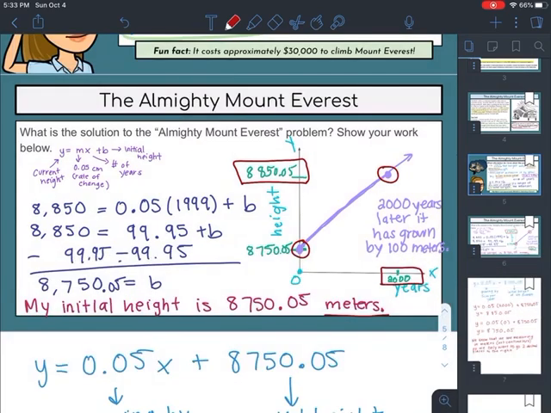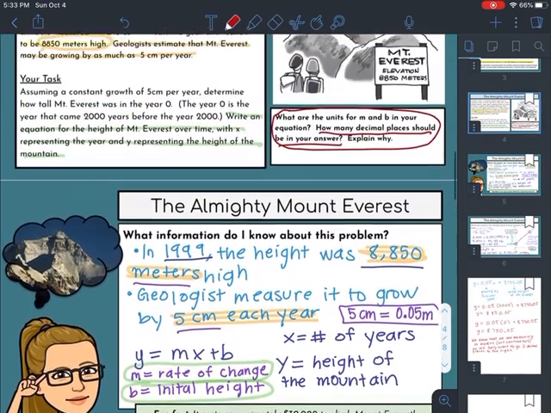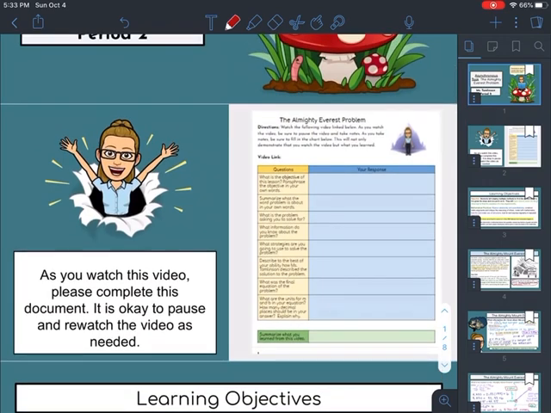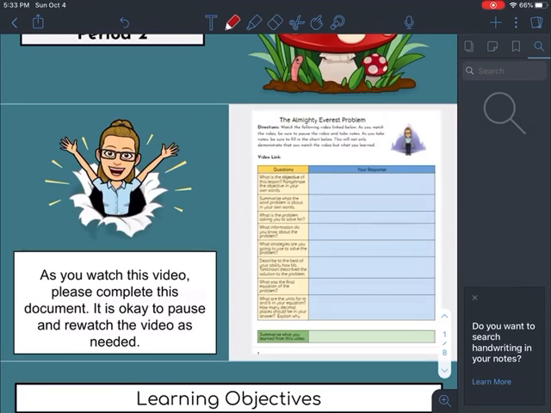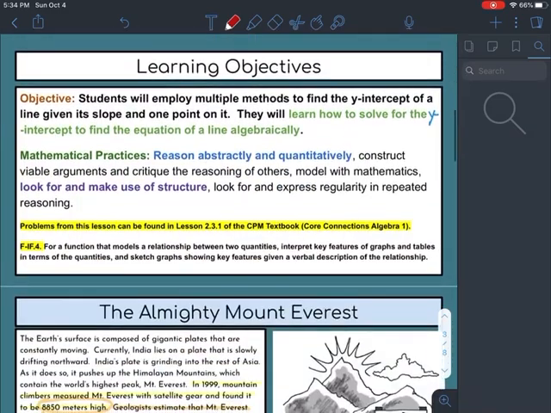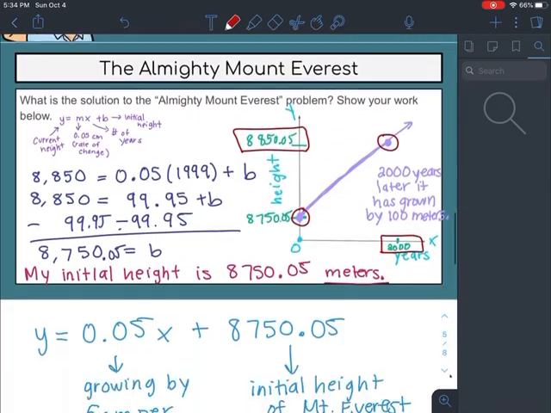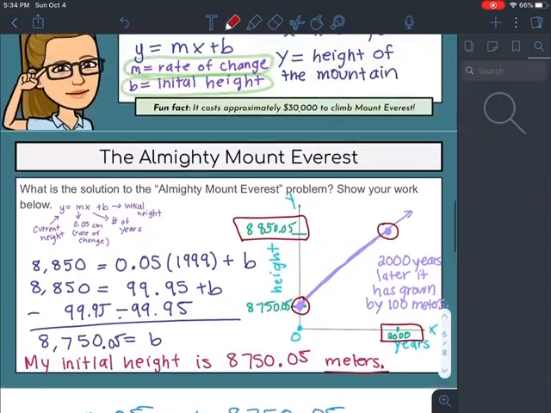What I would like you to do from here is remember to go back and fill in your chart, to go back and fill in your Cornell notes. If you have any questions, please let me know. And that's about it. Thanks for watching.